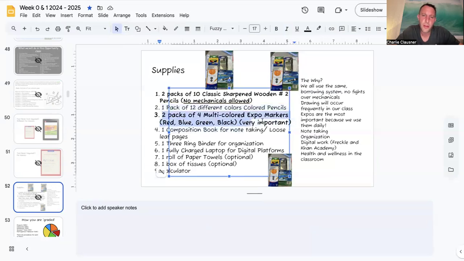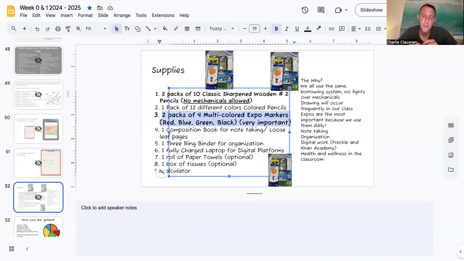And then really important are the expos, because one of the things that I think I do really well is, I know a lot of old school teachers did this, but the whiteboards are amazing to me because I can give immediate corrective feedback or positive feedback. I can ensure 100% participation.